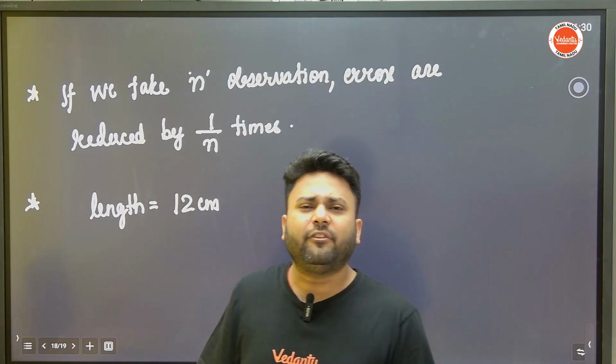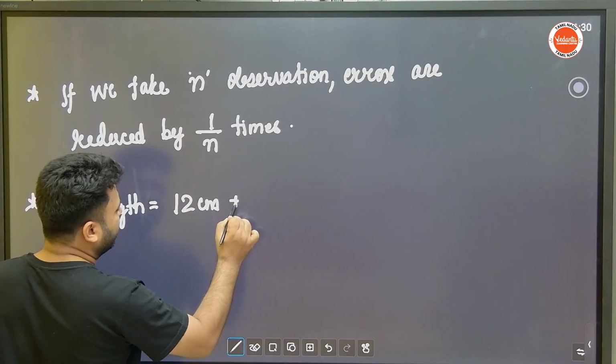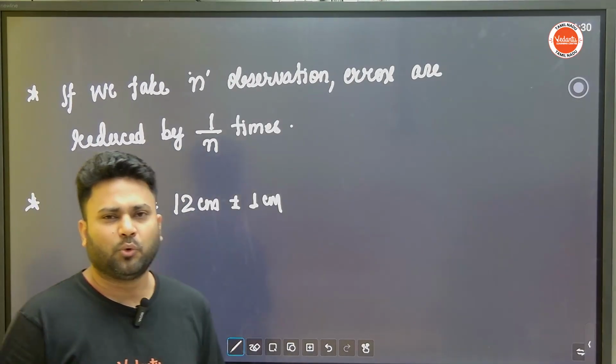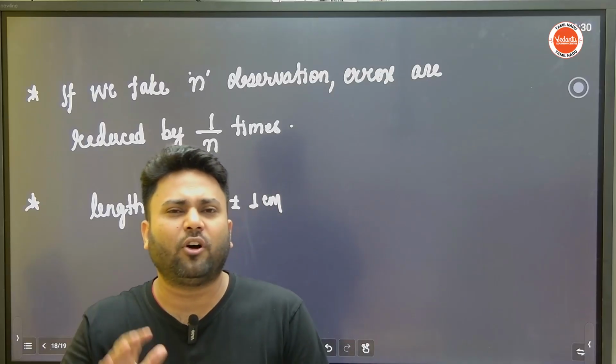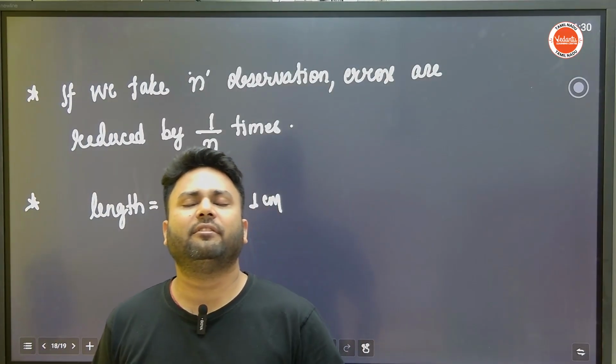So I am not sure about 12 centimeter. So we take, okay, plus minus 1 centimeter. 12 centimeter plus minus 1, it can happen. Means this will not exceed 13 centimeter and this will not be less than 11 centimeter.